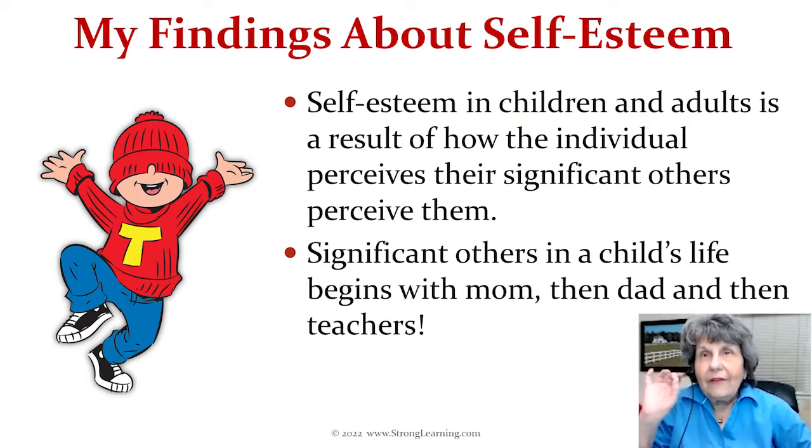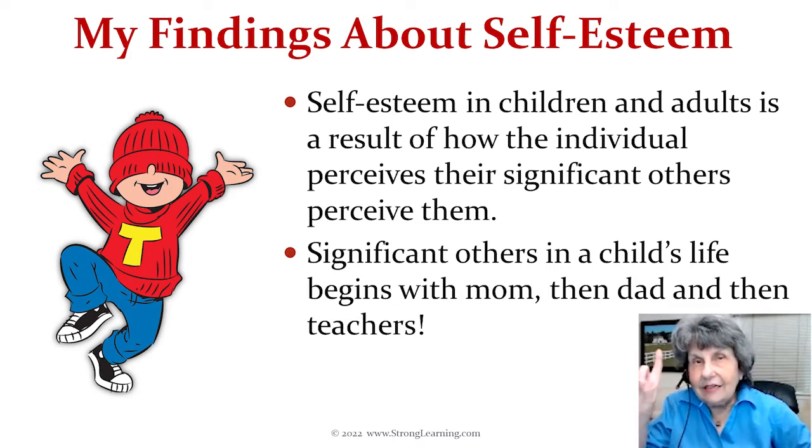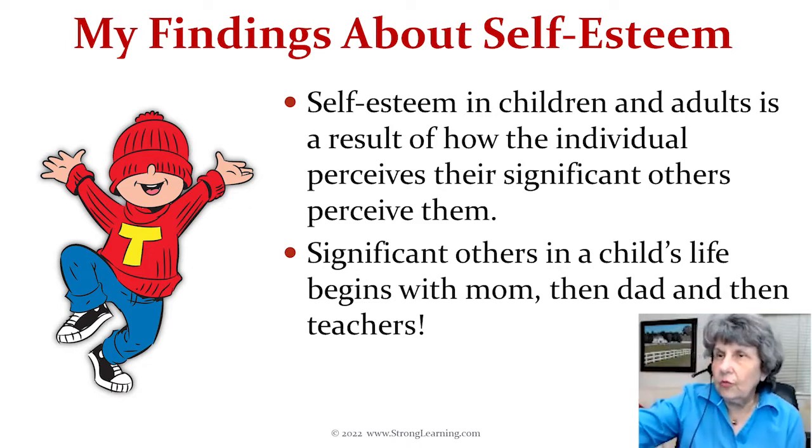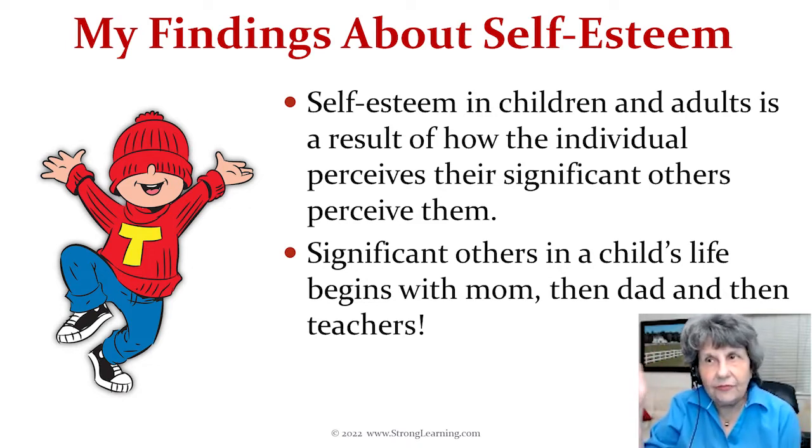Okay, my findings found that self-esteem in children and adults is a result of how the individual perceives their significant others perceive them. Now think about it. Think about yourselves going into a room and your perception. You can walk into one room and all your best friends are there.